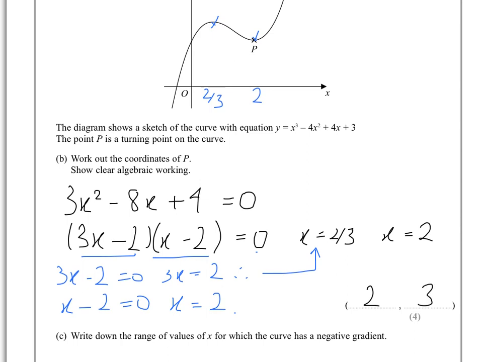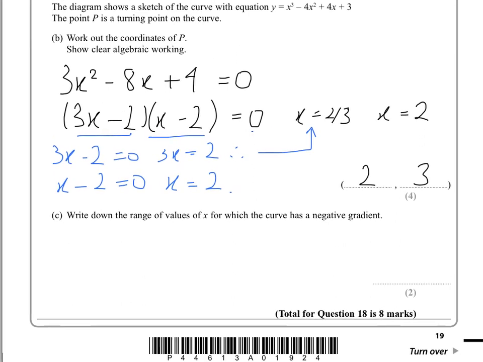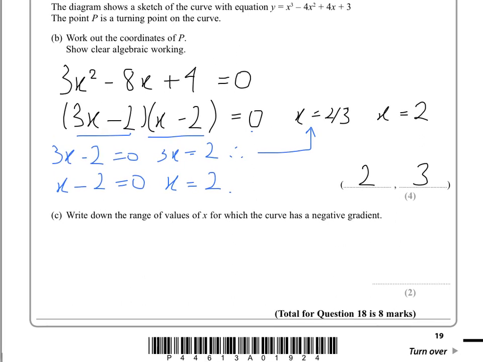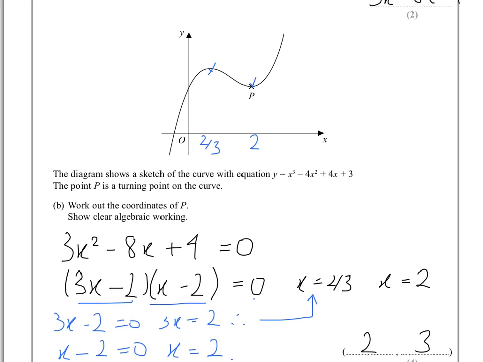So that's part B. We're then asked to write down the range of values of x for which the curve has a negative gradient. Now, since we can see that there's two turning points, i.e. two places where the gradient is 0, those places are here and here. At this turning point we go from negative to positive. At this turning point we go from positive to negative.